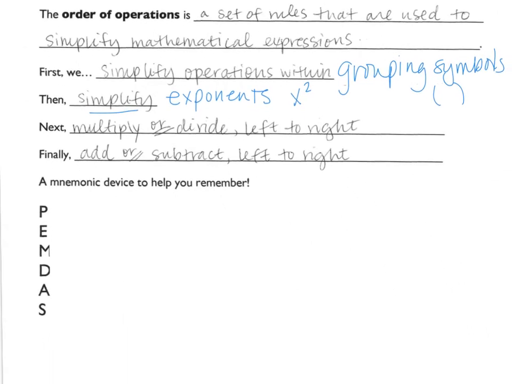So first, we're going to look at a mnemonic device that helps us to remember what these rules are and how to go about using them. And again, we have to follow these in order. So the first one is going to be P, which is parentheses.